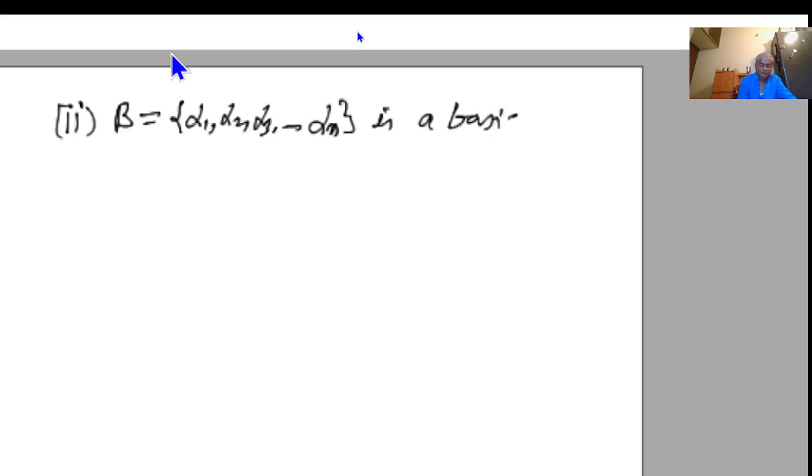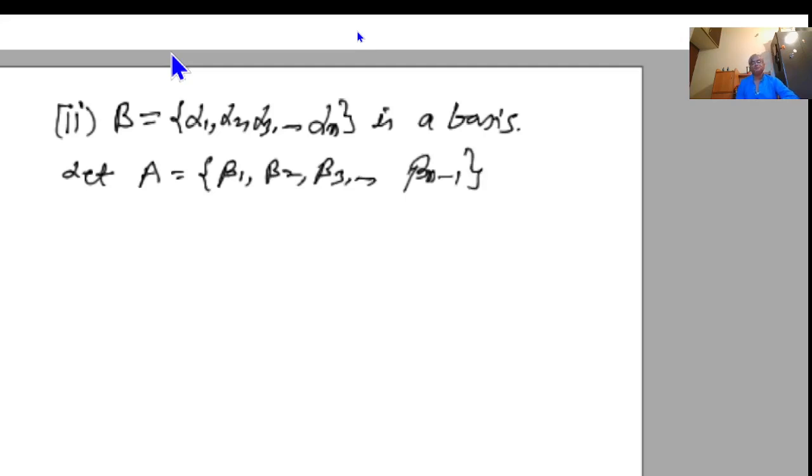And let me consider a set consisting of n minus 1 vectors. Let's say A is equal to {beta 1, beta 2, beta 3, ..., beta n minus 1}. We have to prove that A cannot span V.